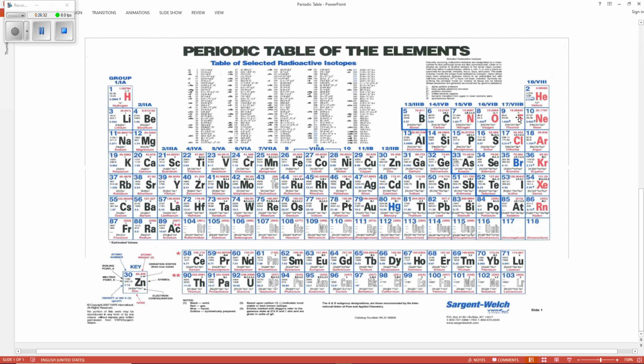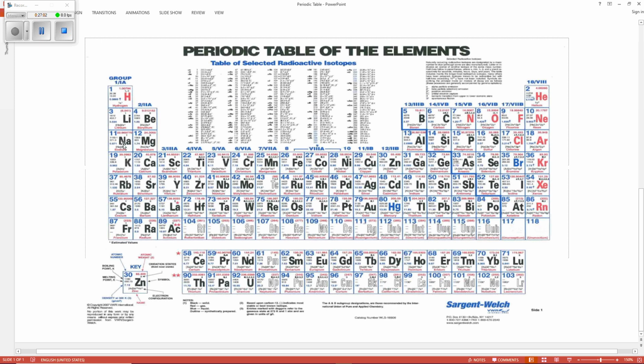Okay, the last one: helium, neon, argon, krypton, xenon, radon. They're all gases. They're noble gases, what we call the inert group. They are the most inactive elements. So one question I may ask you, pay attention here.